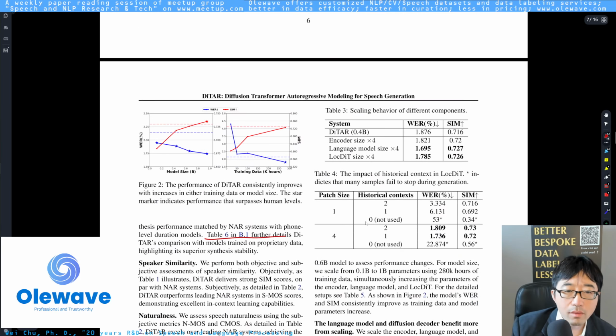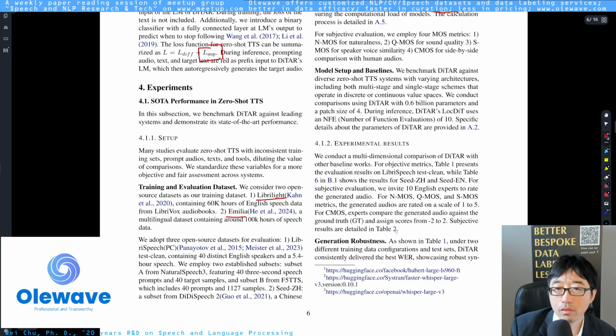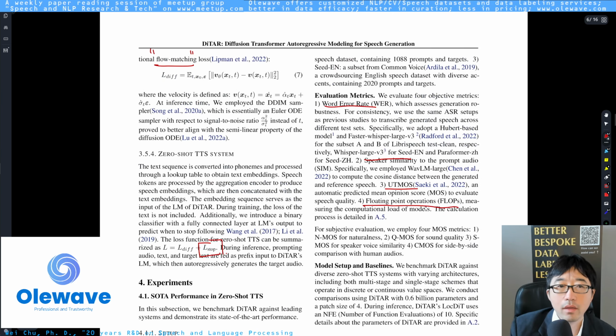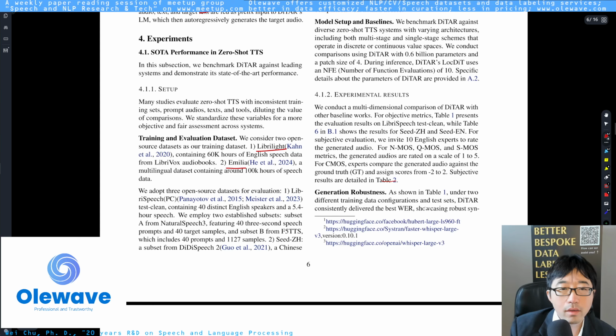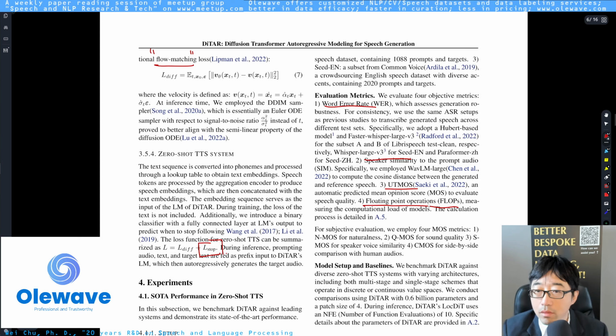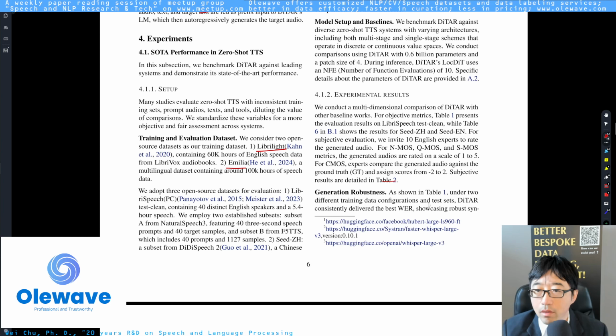I still want to find the text of Table 1. This is Table 2, right? Table 1. Oh yeah, Table 1 is here.